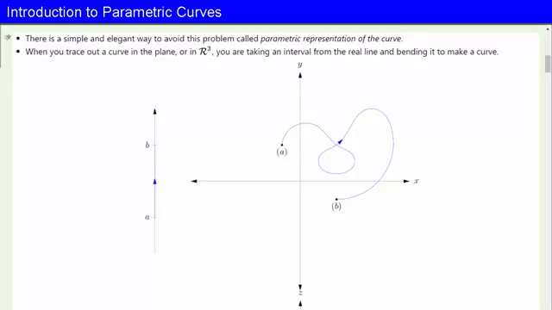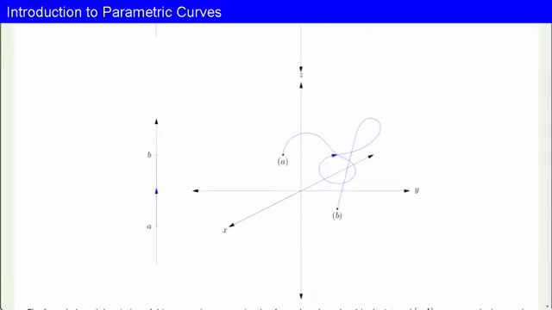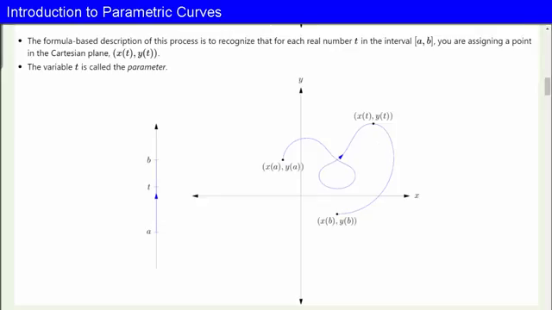The idea is to recognize that pictorially, when you trace out a curve in the plane, or in R3 for that matter, you are taking an interval from the real line and bending it to make a curve.